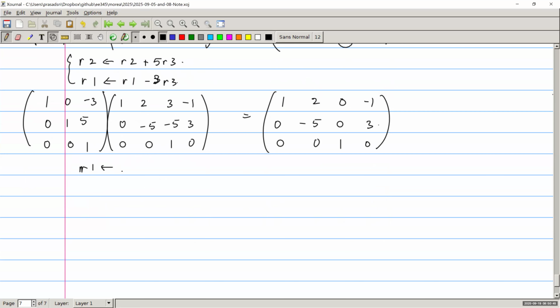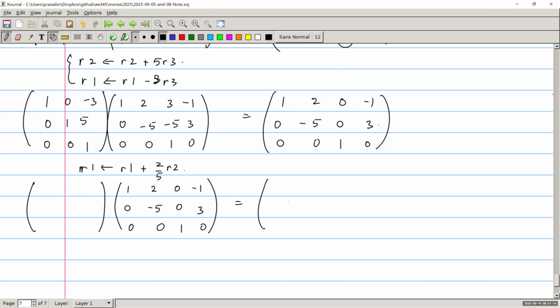Row 1 is row 1 plus 2 over 5, row 2. I keep row 2 and row 3 as they are. Okay, so 0, 1.